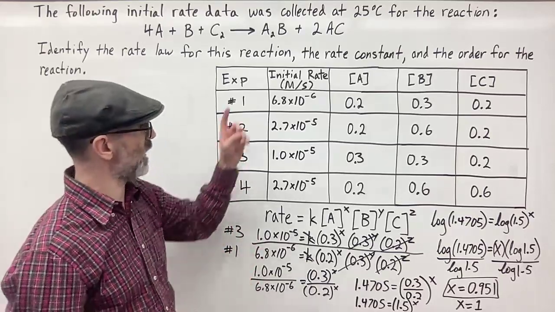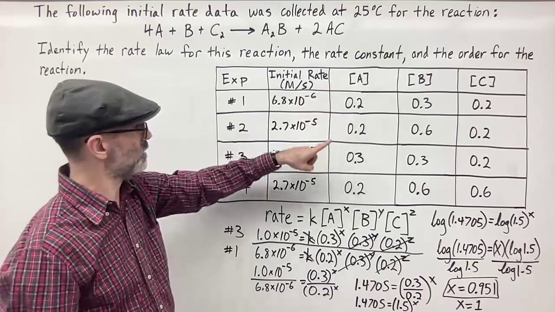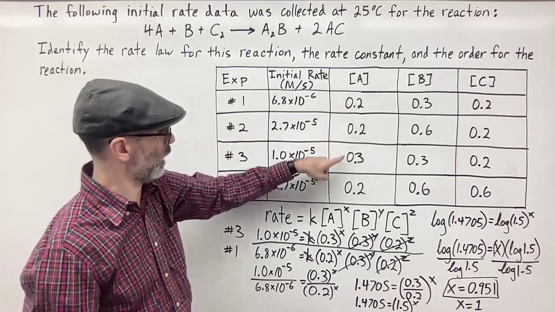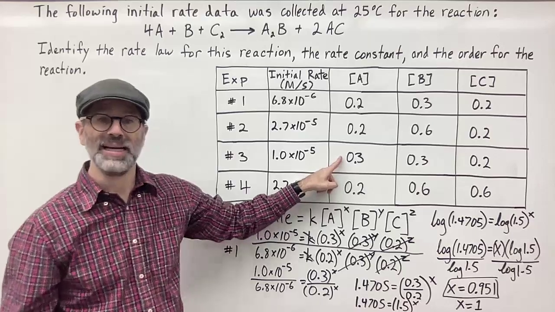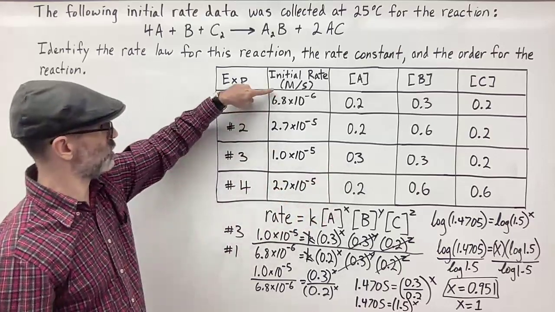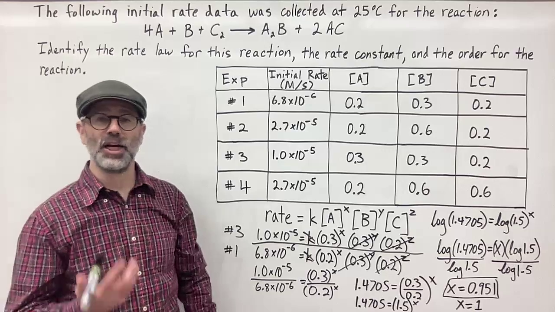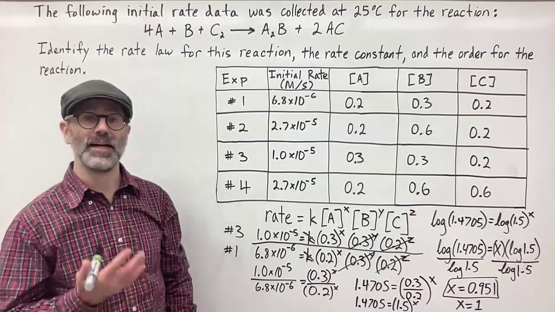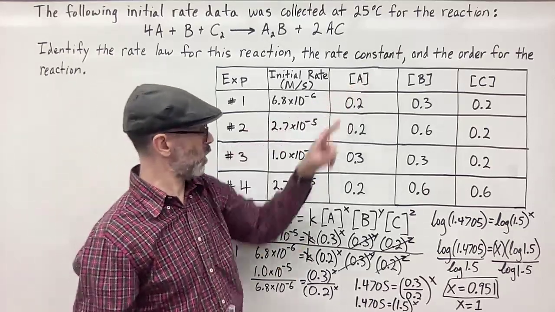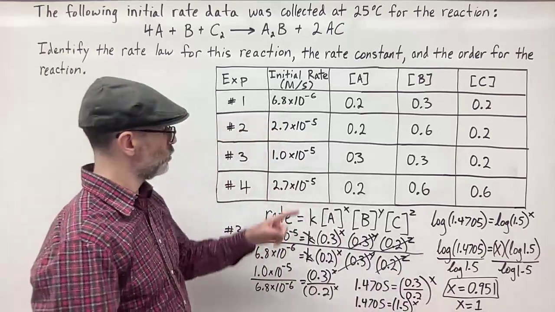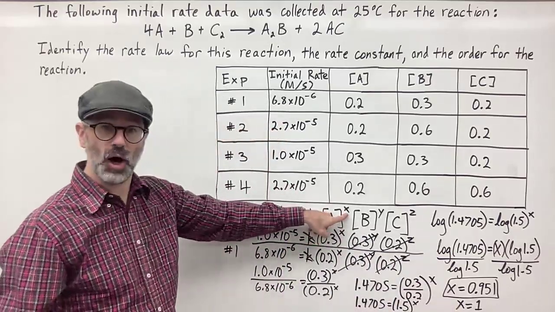In this case, we looked at A. Since the factor by which the concentration of A changes is the same factor by which the rate changes, that indicates first order, and therefore the exponent for substance A is going to be a 1. And that's what we calculated here: x is equal to 1.